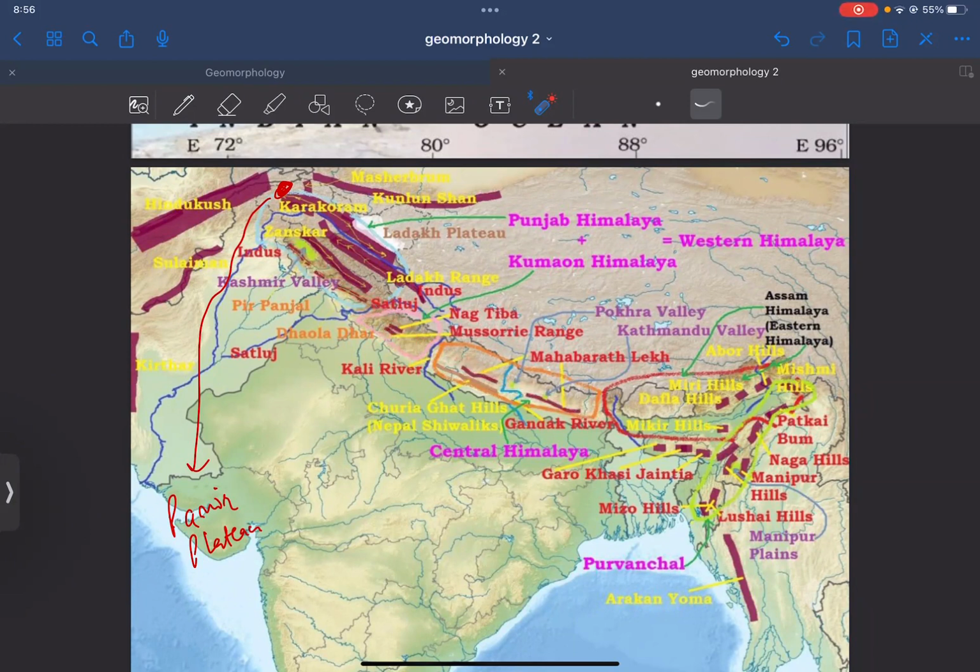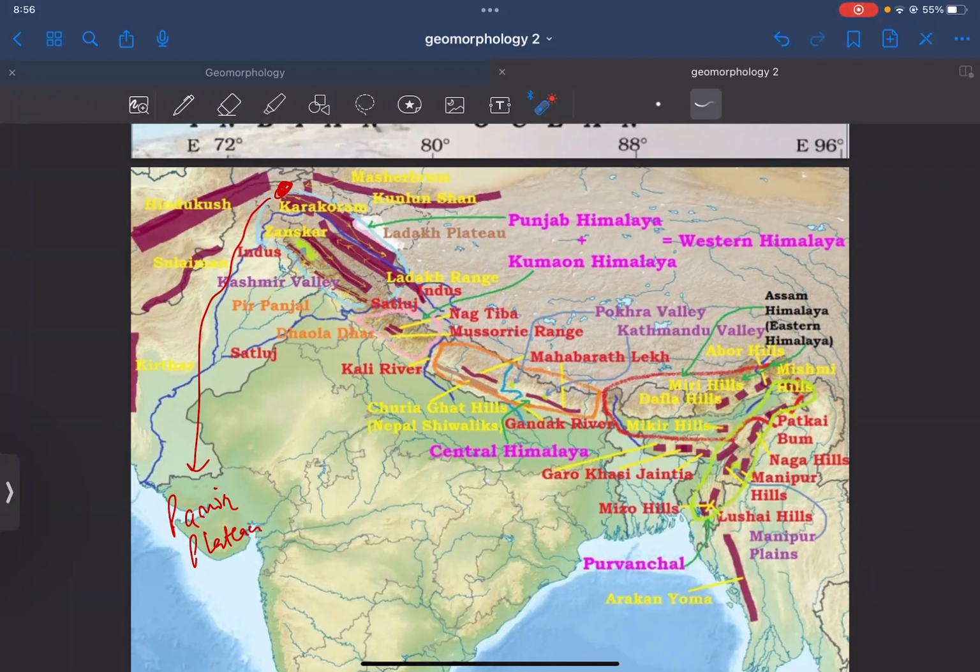All right. Then south of the middle Himalayas, we have the outer Himalayas, Shivalik. Shivalik is running like this, along the south of the middle Himalayas. It runs continuously till the Nepal region, but then it gets broken up into small parts. So in Assam, it is known as Mikir Hills.